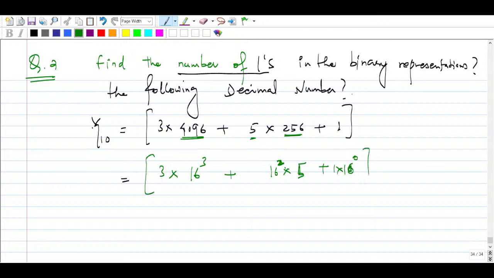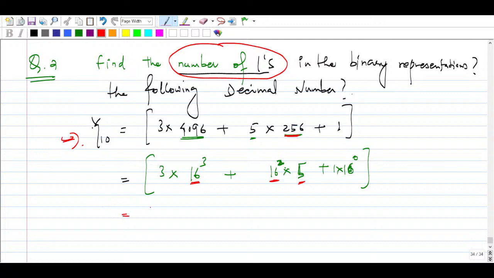You have to identify the pattern. Whenever this question is given, you have to find the number of ones. You have to figure this out. You can say this is 16 raised to power 0, 16 raised to power 2, 16 raised to power 3.